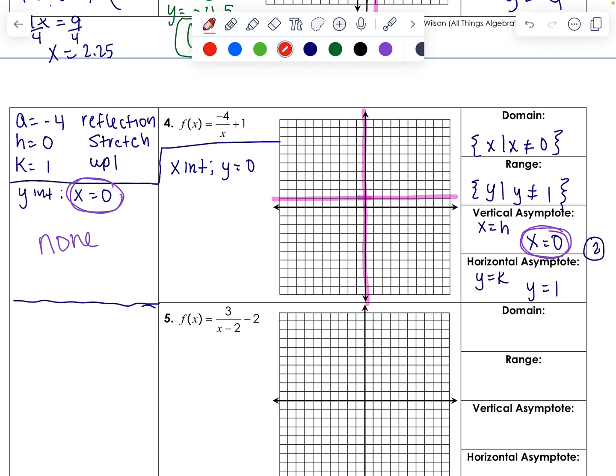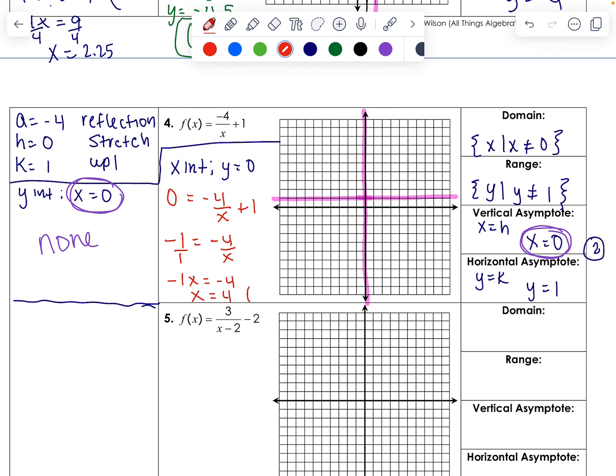Okay, so then for my x-intercept, I'm going to put 0 in for f of x or y. So I'm going to go 0 equals -4 over x plus 1. So I'm going to do -1 equals -4 over x. Remember, what we were doing is we were cross multiplying. So we have -1x equals -4. So x equals 4.